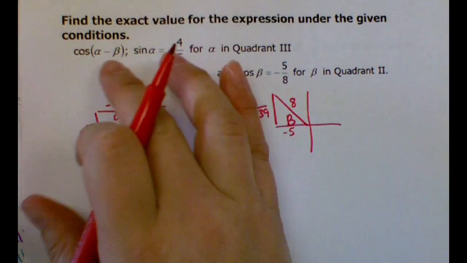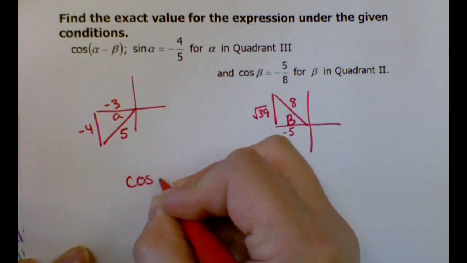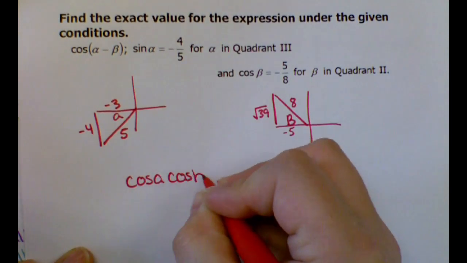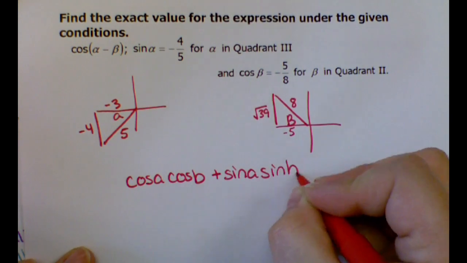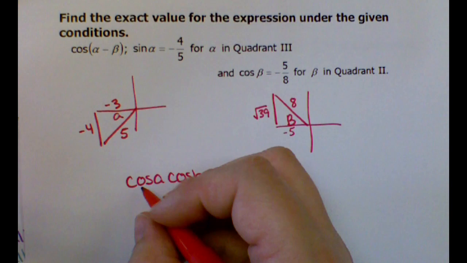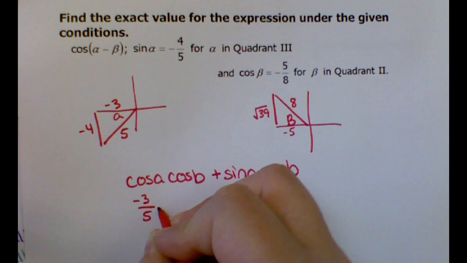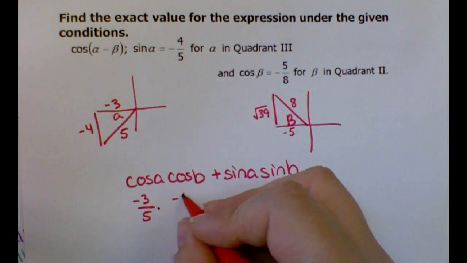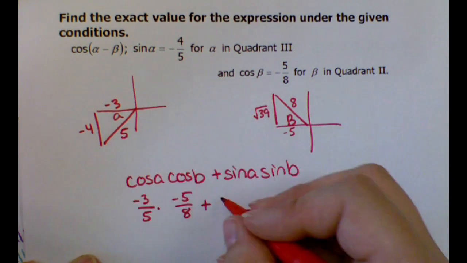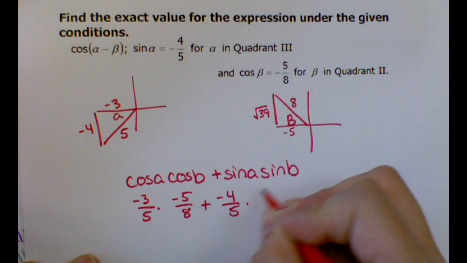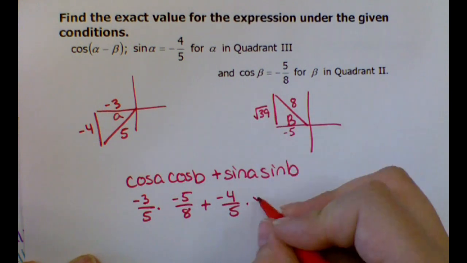I have the cosine of a minus b, so I want the cosine of a times the cosine of b plus the sine of a times the sine of b. Cosine of a is negative 3/5, looking at that triangle. Cosine of b is negative 5/8. The sine of a, looking at this triangle, is negative 4/5. The sine of b is square root of 39 over 8.